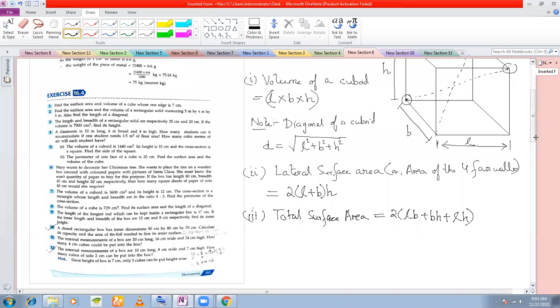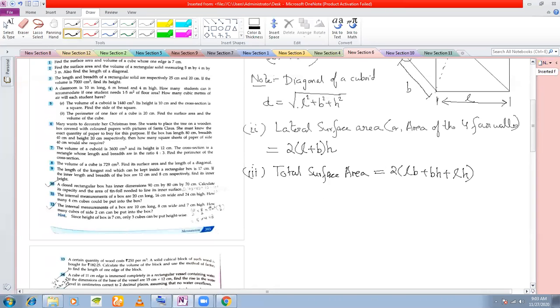Now, what is the cube on the other hand? Let's see what cube is. A cube is nothing but a special type of cuboid in which all the sides are equal, all the edges are equal.